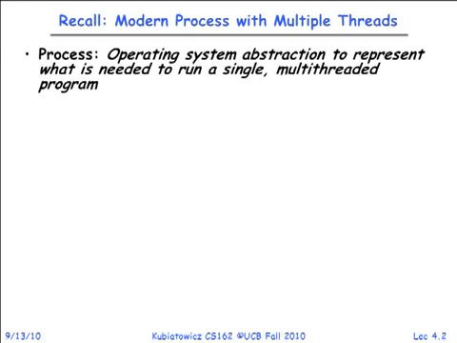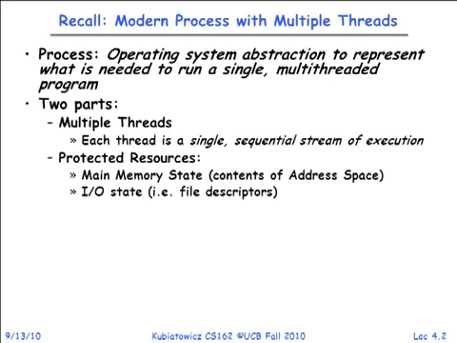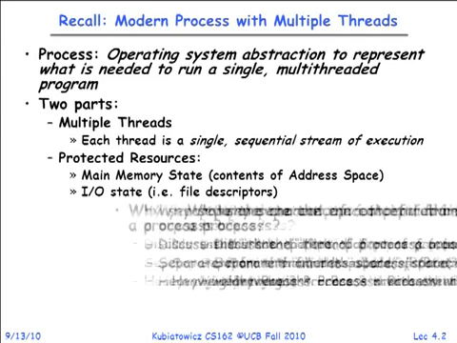We said there were two parts to that. There's the threads, which are the concurrency piece, or you could think of them as the active piece that's executing instructions. And then there are the protected resources associated with the process, and that includes chunks of memory, device file handles, network sockets, all of which are protected resources that are owned exclusively by that process.